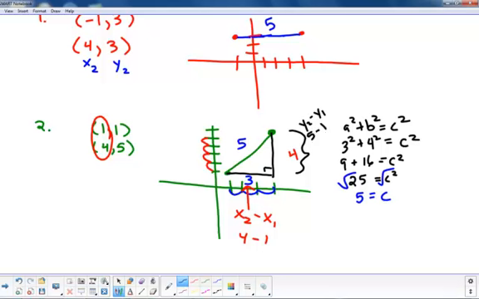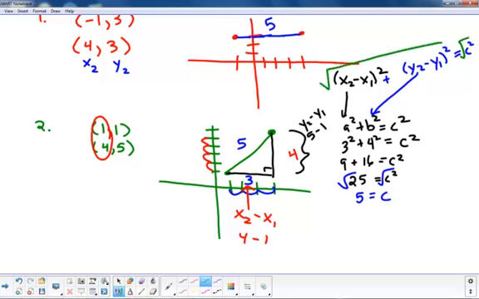So my a squared is really x2 minus x1 squared. And my b squared is really y2 minus y1 squared. And that equals c squared. So to find c, I square rooted both sides.